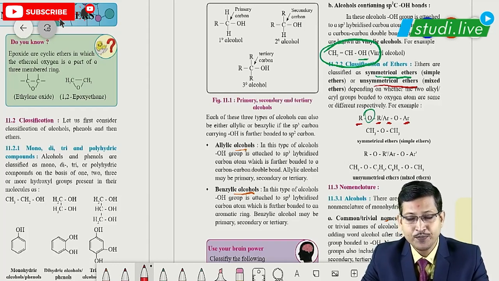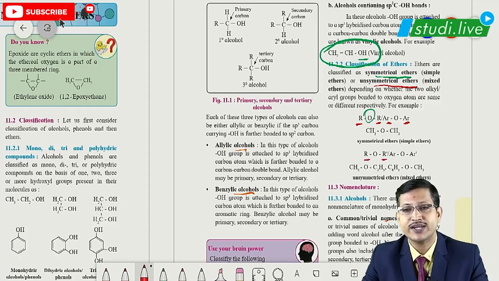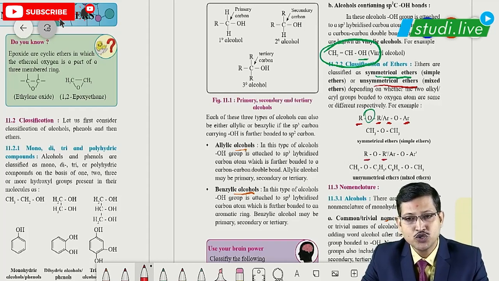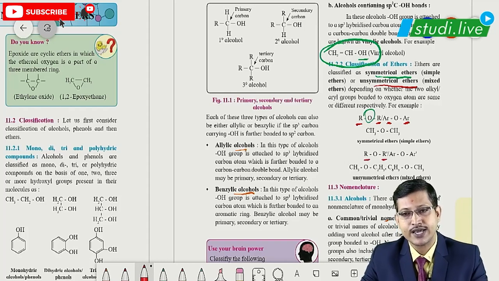Moving on to the next one, wherein you have R and R dash. That is what is called an unsymmetrical ether, where you have two different alkyl groups. So symmetrical ethers are also called simple ethers, and unsymmetrical ethers are also called mixed ethers.